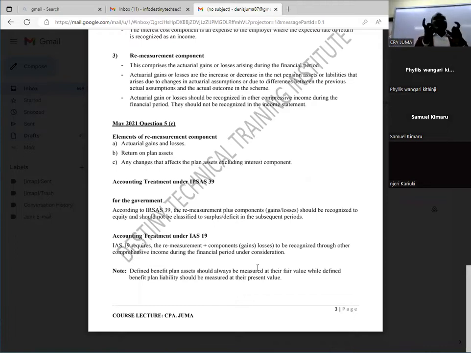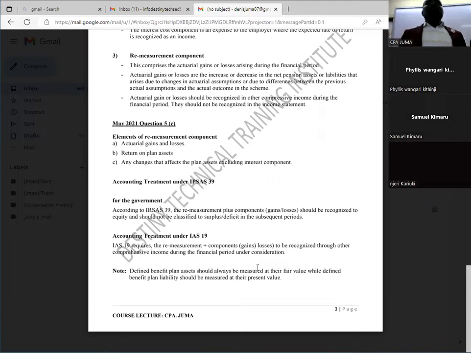So we take them as part of the financing activities, if it's for the government. But for IAS 19 in private sectors, the remeasurement component, that is gains and losses, should be recognized through other comprehensive income during the financial year under consideration. So for private sectors, if we gain or we lose, we take it to other comprehensive income during the year.